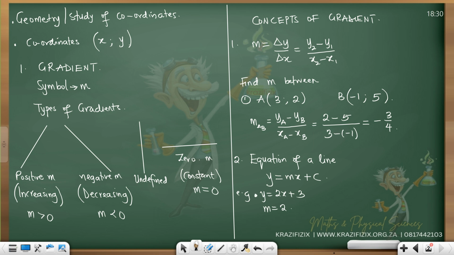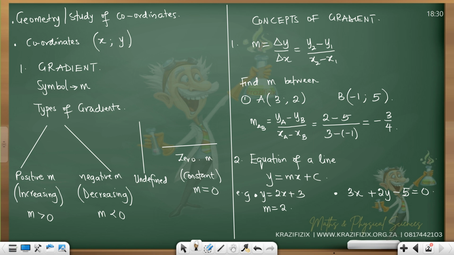Right? But if I give you this, 3x plus 2y minus 6, let's say minus 5, equals 0. Please work out your gradient for me. Remember, we do change of subject.